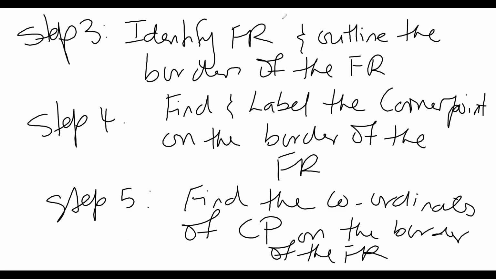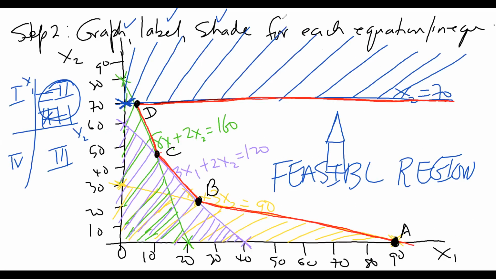What do we need to solve to find the coordinates for corner point B? Let me make sure I have that labeled right. What are the equations we need to solve? The one for the purple line and the one for the yellow line.